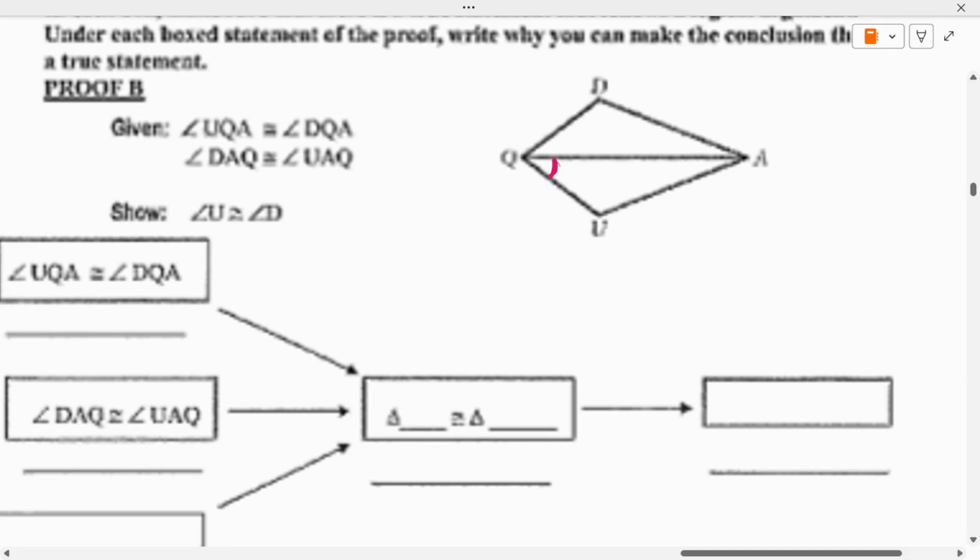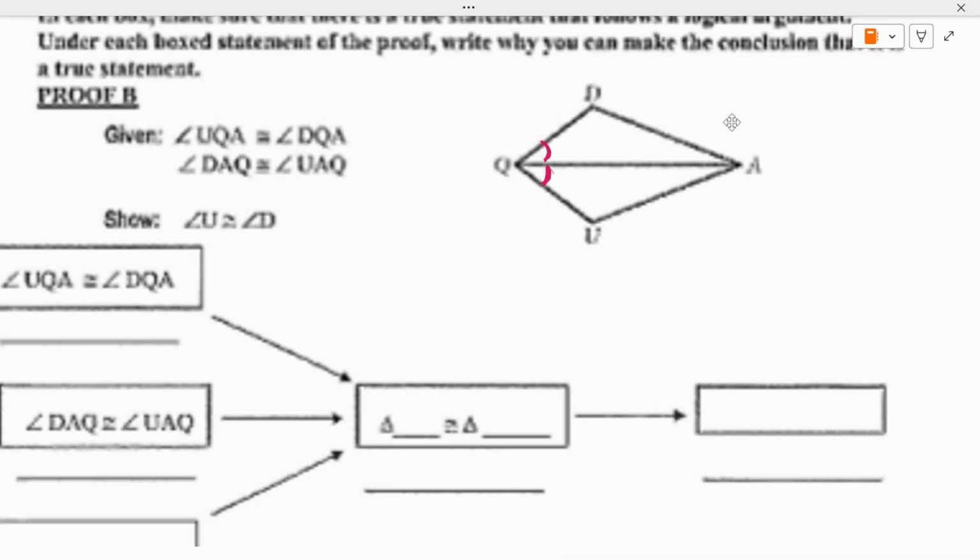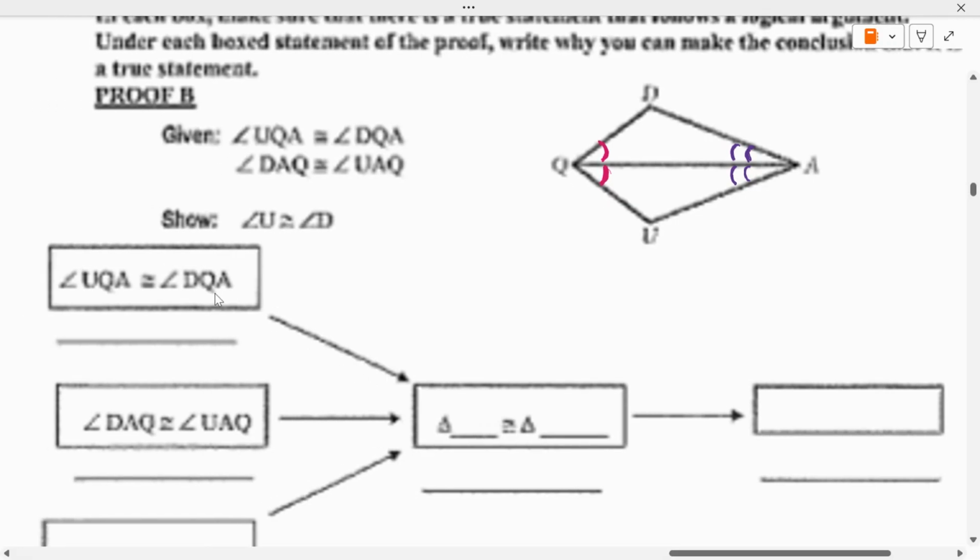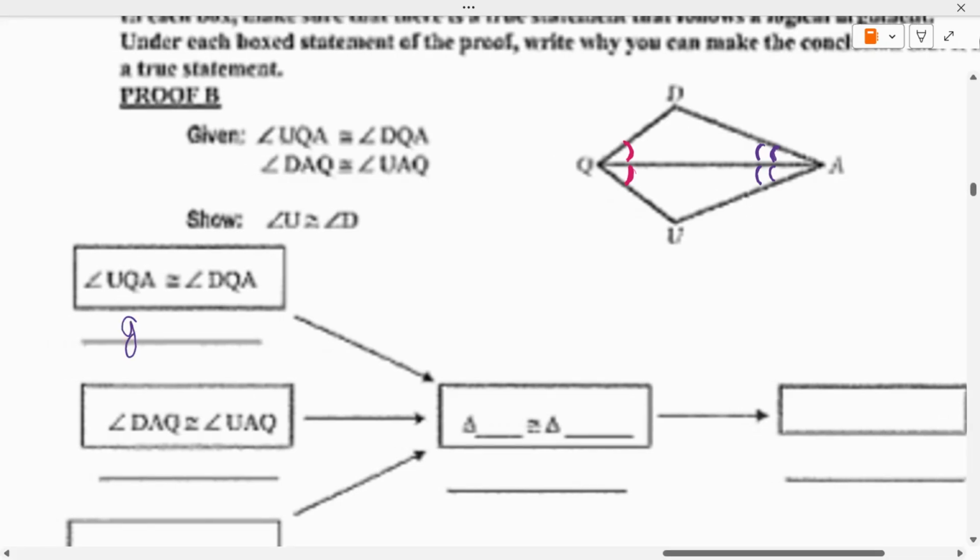And angle DQA is at Q on the top. And angle DAQ is congruent to angle UAQ. Why are we able to mark those like that? Well, that's just given. So both of these are given.